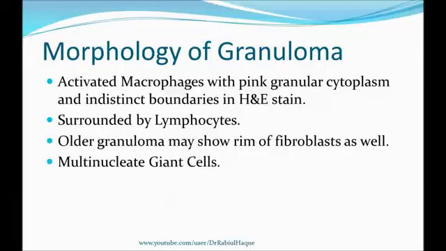In certain types of granuloma, say for example in Mycobacterium tuberculosis infection, there may be presence of a central zone of necrosis that will appear granular, amorphous and cheesy, and those types of areas will be called caseous necrosis. Under the microscope, that area will appear structureless, amorphous and eosinophilic, and there will be complete loss of cellular details in those areas.